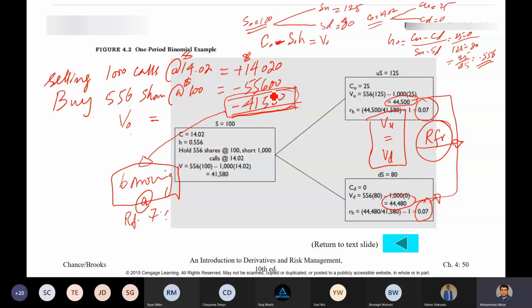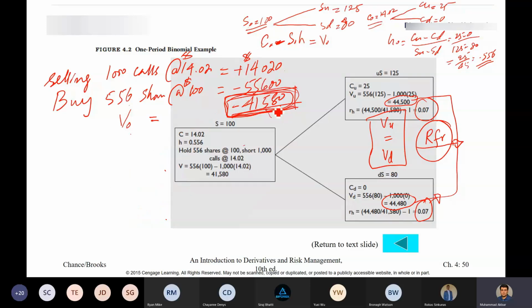So if you are borrowing money to invest in this hedge portfolio, then the hedge portfolio should earn you at minimum the amount that you will be expected to pay as interest on this. So this is why you also consider that the portfolio should be earning the risk-free rate, because that is what the cost of funding this investment strategy would be.